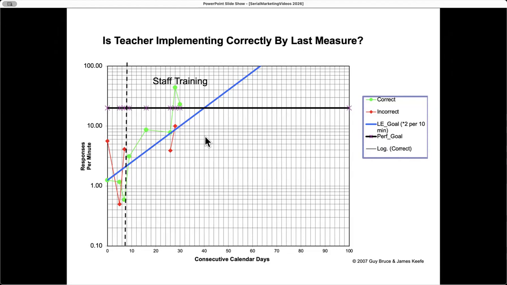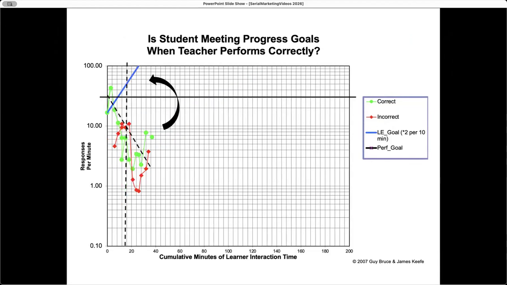So is the teacher implementing correctly by the last measure? Yes. Of course, this means that we solved the know-how problem, if you remember, from the analysis. Now let's see what happened to the student's performance and progress. Is the student meeting the progress goals when the teacher performs correctly?